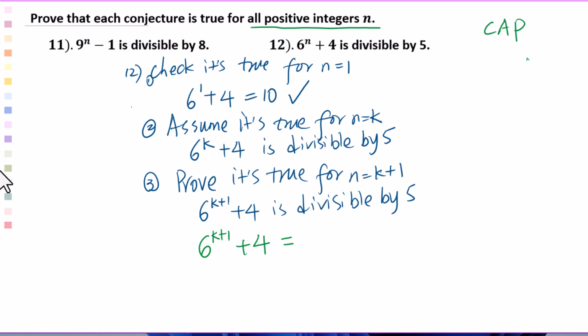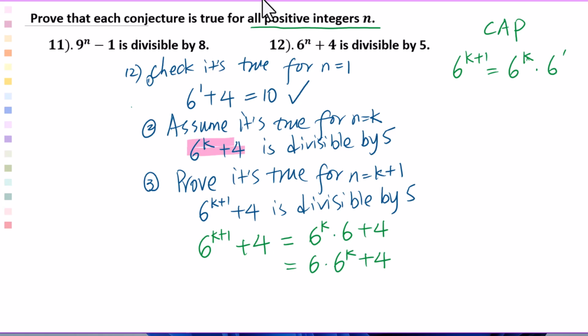We need to separate this 6 to the k plus 1th power equals 6 to the kth power times 6 to the first power. So we write down 6 to the kth power times 6 plus 4. Organize: 6 times 6 to the kth power plus 4.